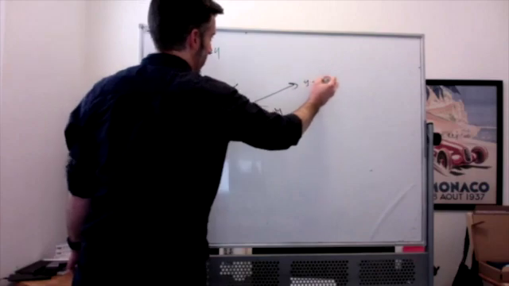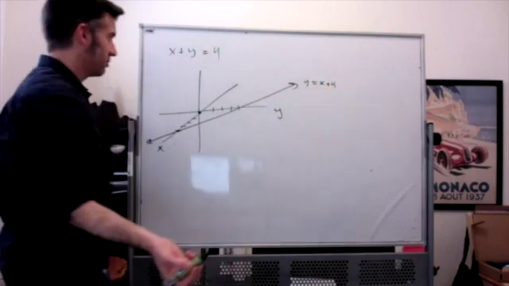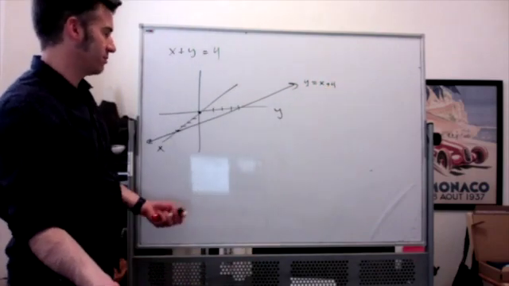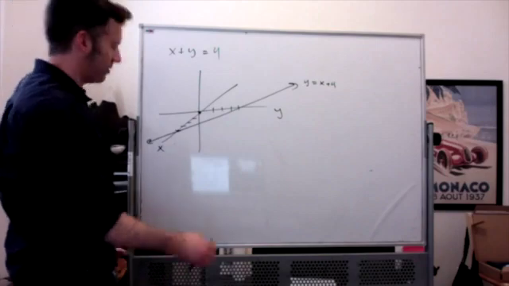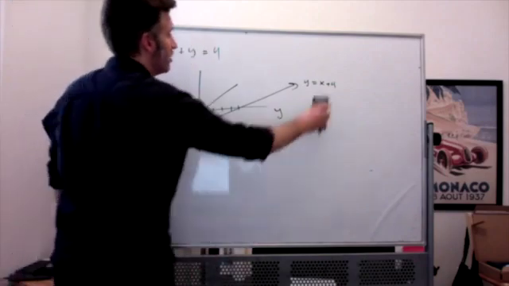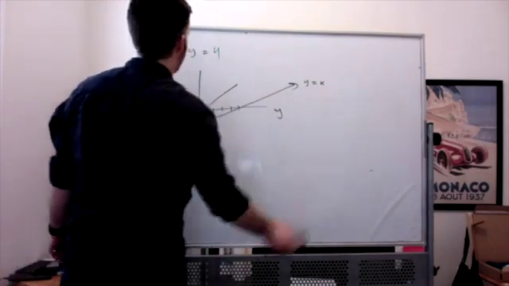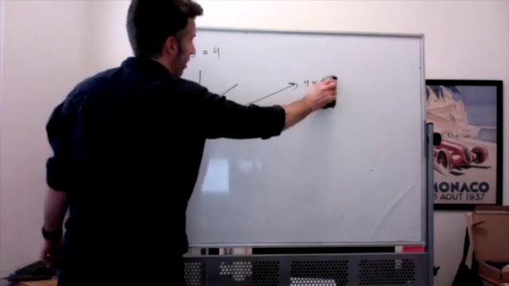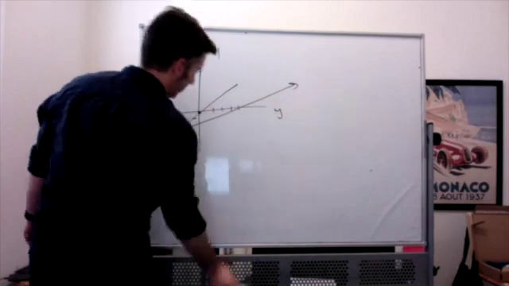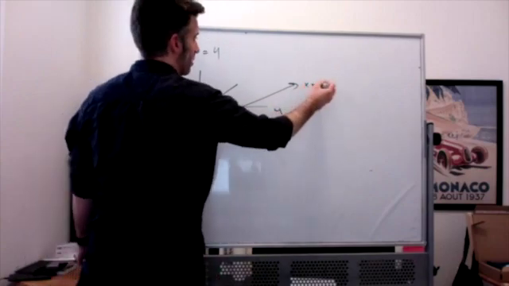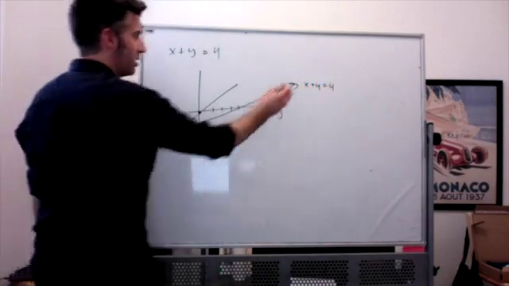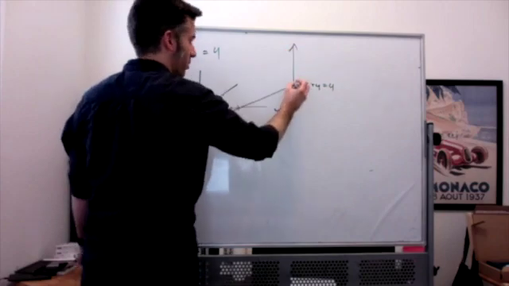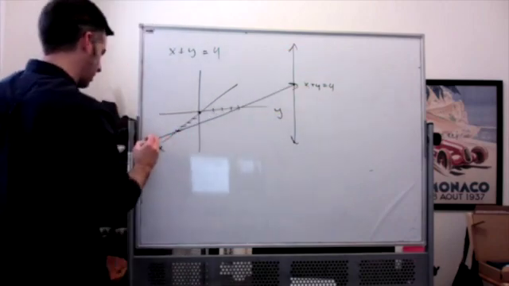Y equals negative x plus 4. Sorry, let's just stick with x plus y equals 4. But z can be anything, so we can go up or down as much as we want.